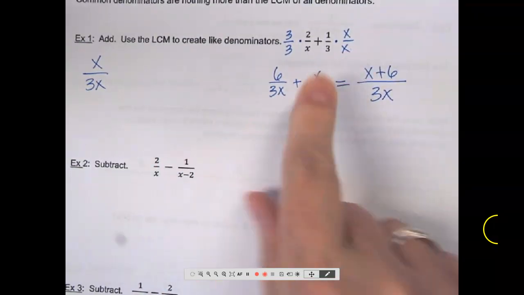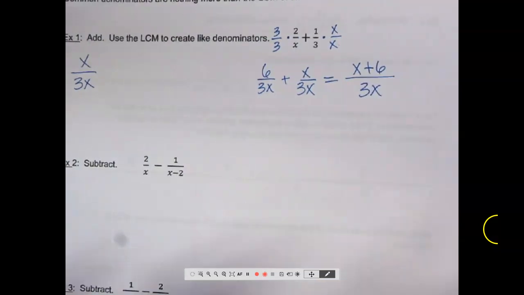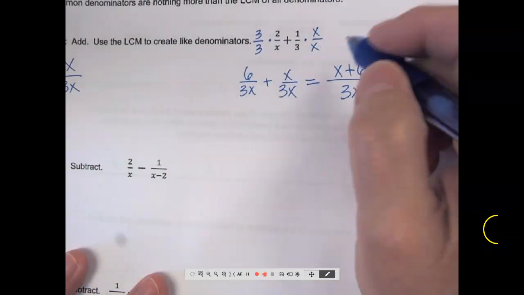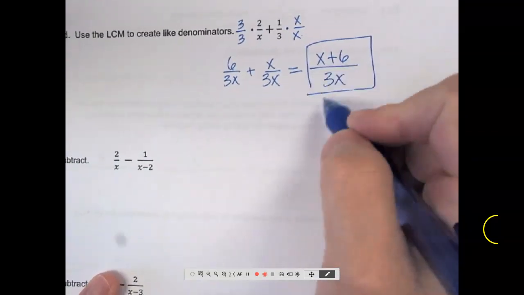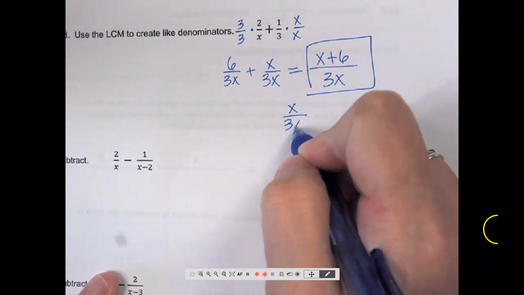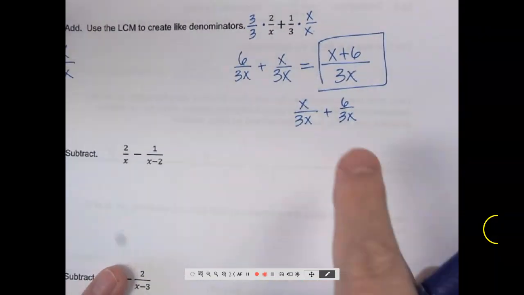And the answer again is no, because can I factor 3 out of the numerator? Is 3 a factor of everything up top? No. But what I can do, and usually we just leave the answer like this, but it is equivalent to splitting it apart into 2. So this is the same as x over 3x plus 6 over 3x. But what happens here?